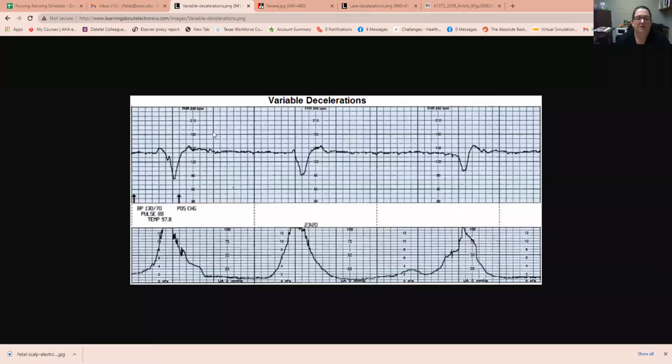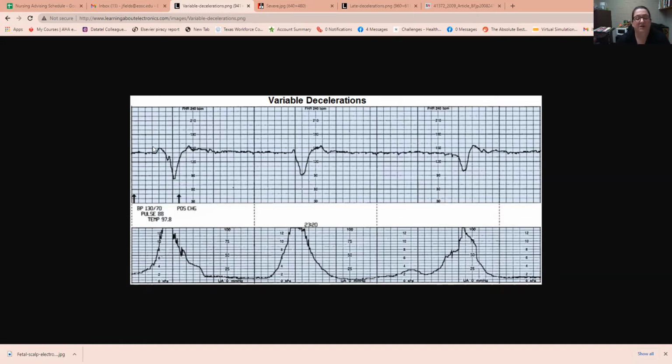So let's look at a few examples of that. So this is fetal heart rate baseline 140 with minimal variability, no, we don't really have accels, we have overshoots on the recovery.